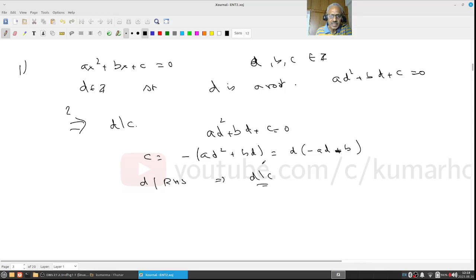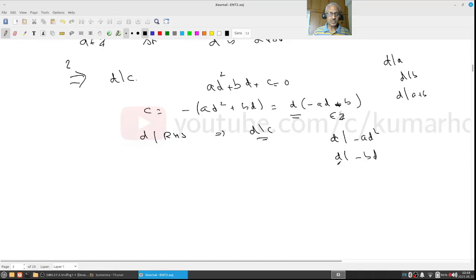Even otherwise, since d divides minus ad squared and d divides minus bd, d divides the sum, which is c. But I directly proved c equals d times some integer. These are all integers.